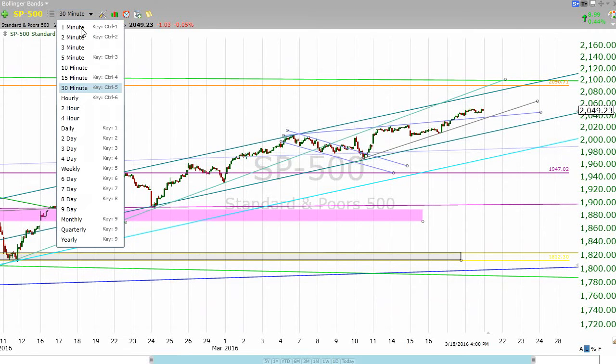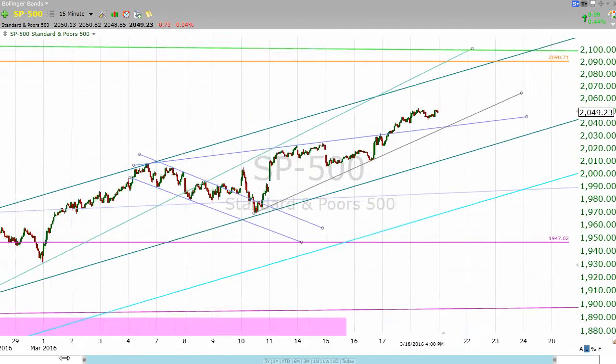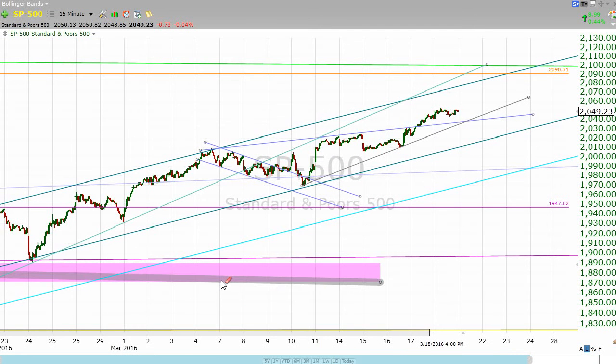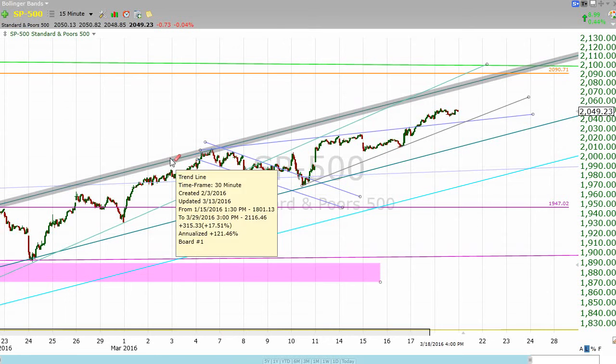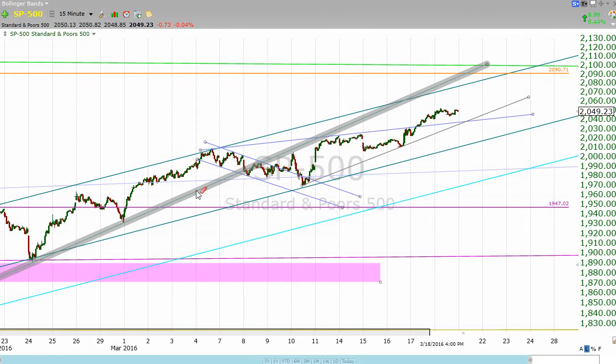Now there's something kind of interesting in this chart I want to point out, and if you've been following things closely, you'll know that I've been talking about the potential for this being either a parallel channel or maybe a rising wedge. If it's a rising wedge, then that tells us that this positive move should reverse fairly soon.